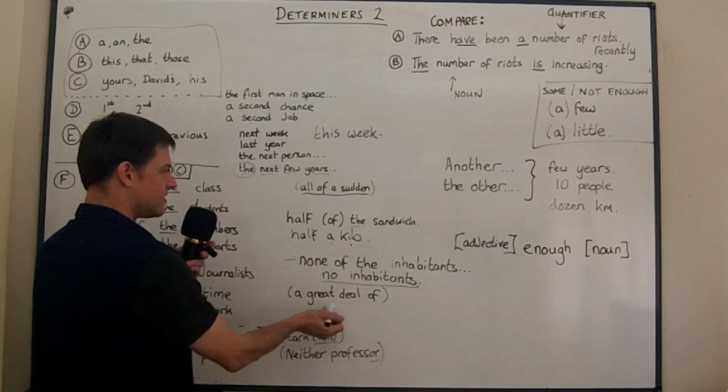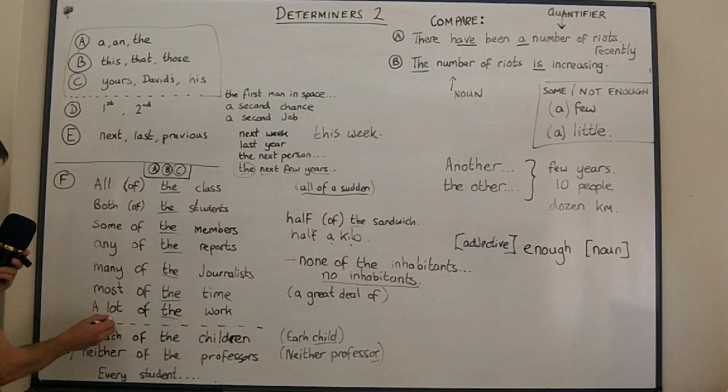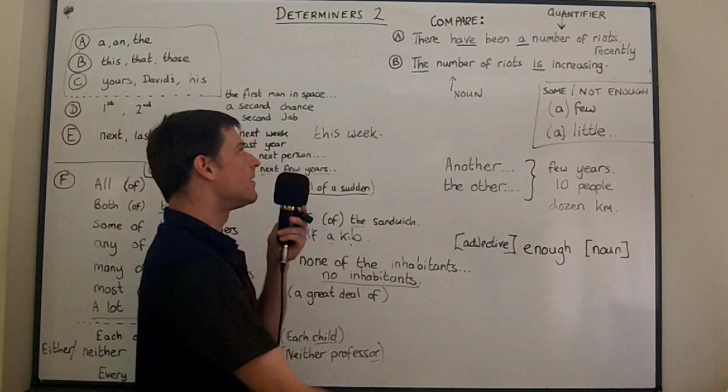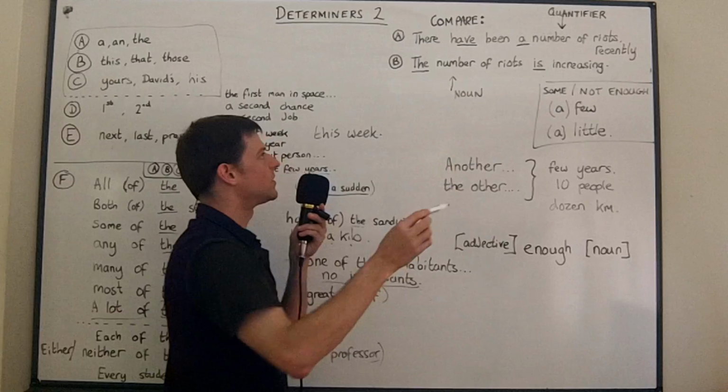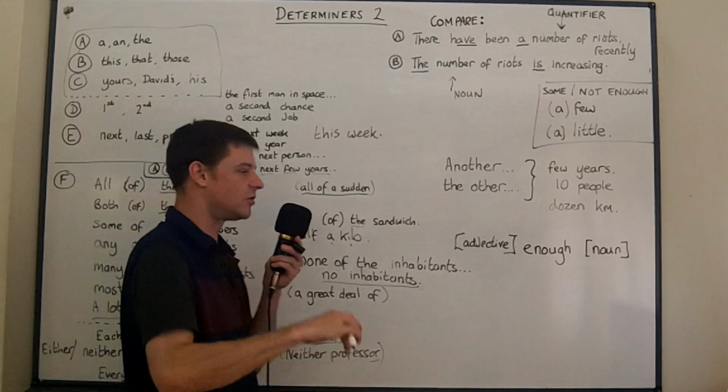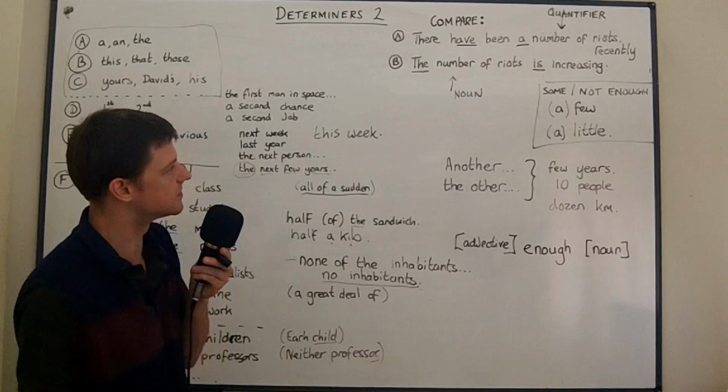Okay, and a great deal of I wrote here just as another alternative to a lot of. It's another good quantifying expression. Now, compare the following two sentences, which are similar to two sentences which I spoke about in another lesson on defining and describing articles.